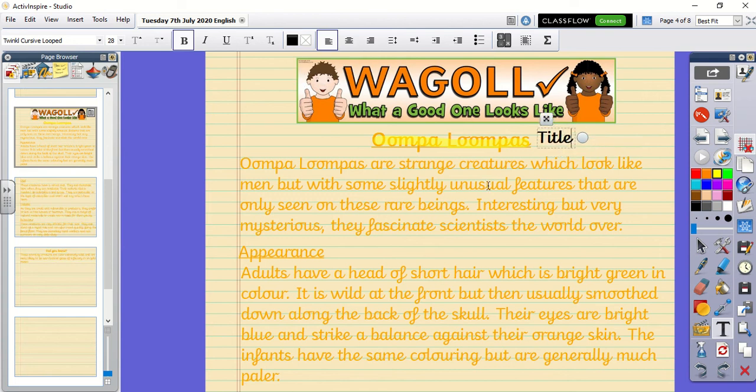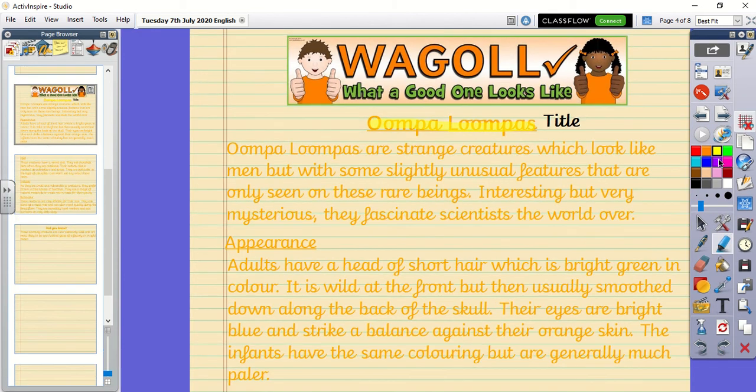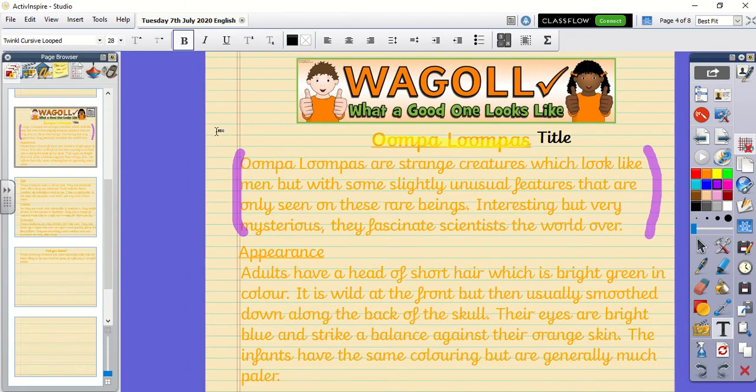Here is our introduction. Let us make this purple, and then I'm going to go like that and like that, and that is our introduction. I'm just going to call it intro. That's telling us what the fact file is about.